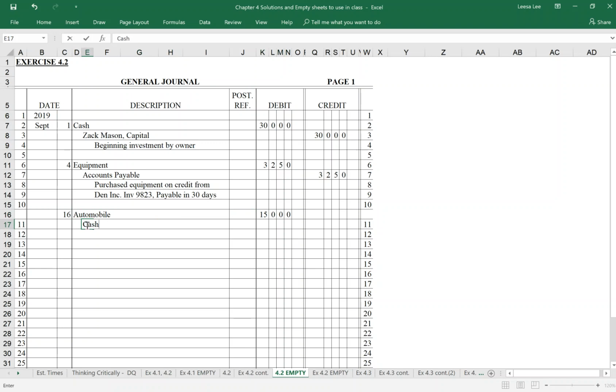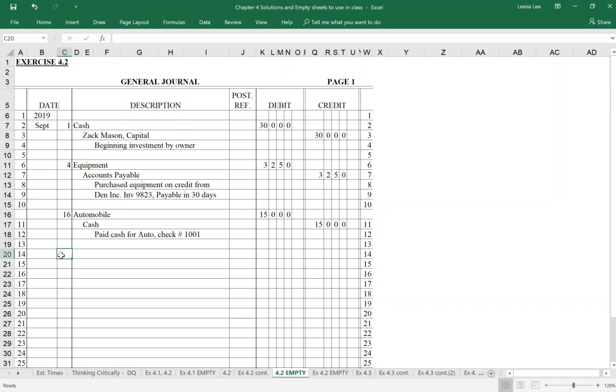Indent to cash. And just a small notation: paid cash for auto. Check number, we can abbreviate that, check number 1001. First check.